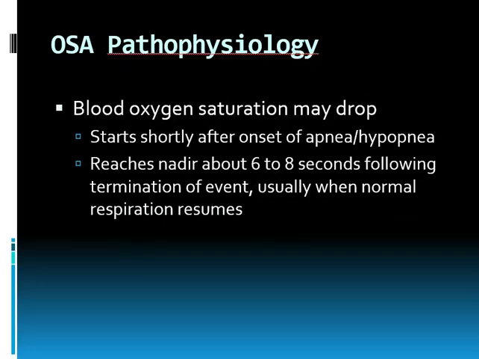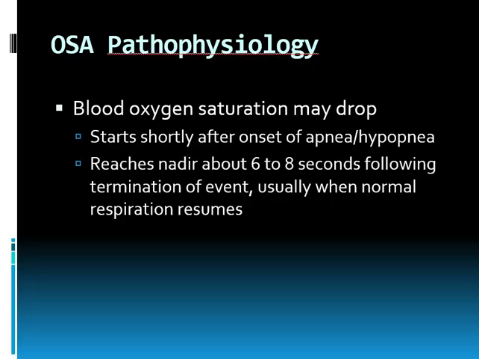What you'll see in the blood oxygenation is it's time delayed. So shortly after the start of the respiratory event, you'll see the blood oxygenation start to drop, and you'll typically see it reach its lowest point, or its nadir, about 6 to 8 seconds after the termination of the event.